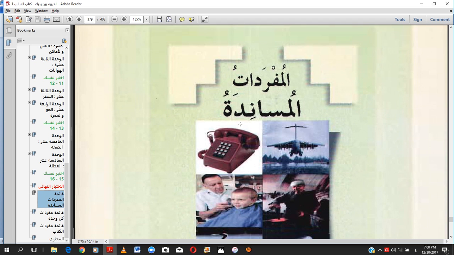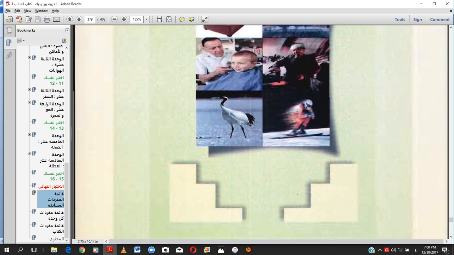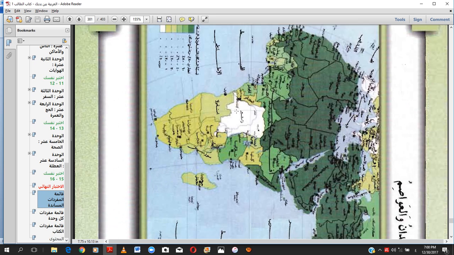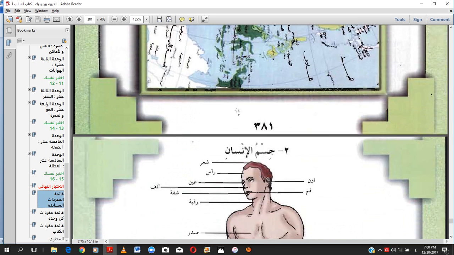And they also have, which I mentioned to you before, helping words that are not necessarily used in the units, but they'll be useful for you in your Arabic speaking life. So they have this extra vocabulary.